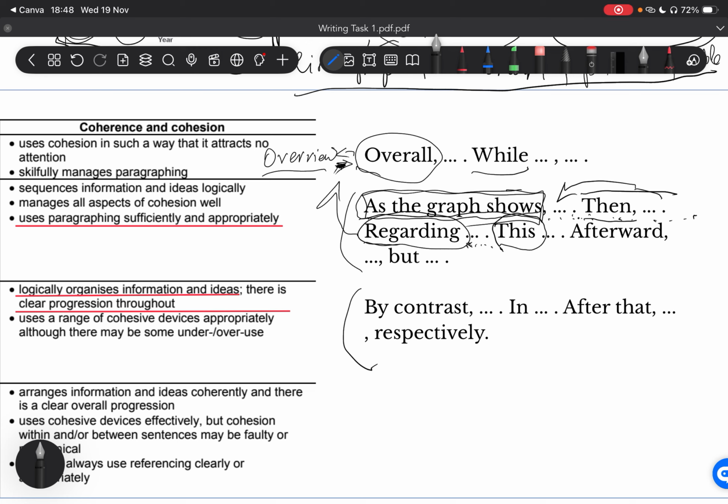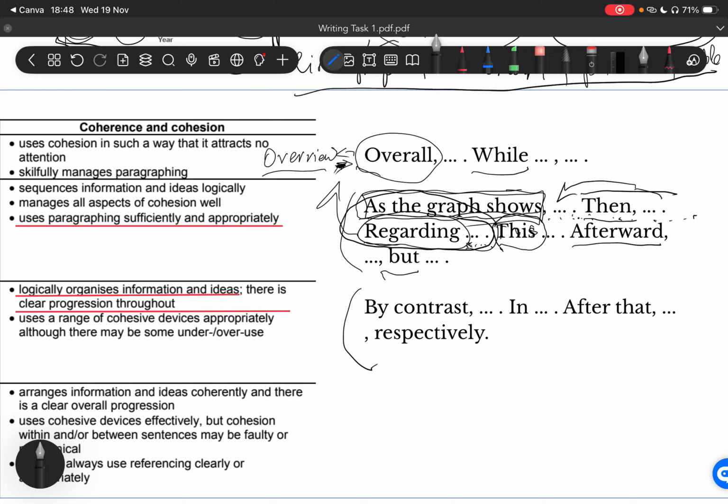When you start your sentence with this word, this, you are referring to the whole sentence of the previous sentence. And afterwards means like after that, it's more academic, more formal, and we have the word but to contrast.